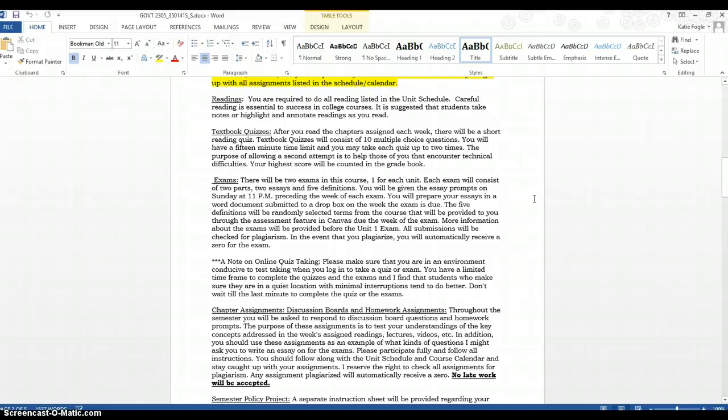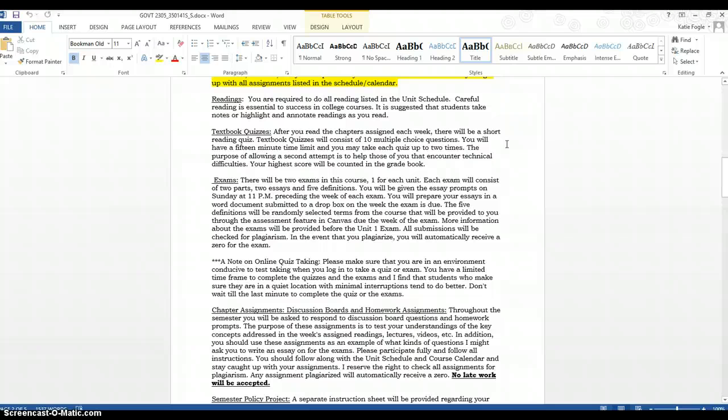You will want to do the reading. After you do the reading assigned for each week, there'll be a very short quiz. There will be 10 multiple choice questions, and you will have 15 minutes to complete the quiz over each chapter. You can take each quiz 2 times. The point of having the second attempt is so that those of you who encounter technical difficulties, because some of you will inevitably encounter technical difficulties, you automatically have a second attempt there to help you.